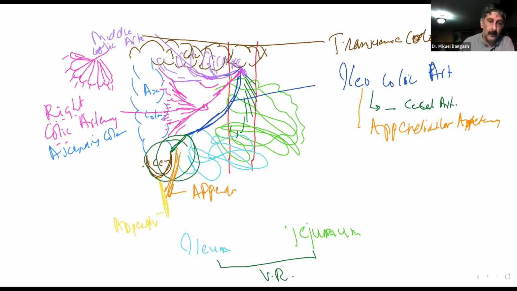Okay. So again, just like we have for the right colic artery, if you look at it as it branches off, it's going to throw off a lot of branches.